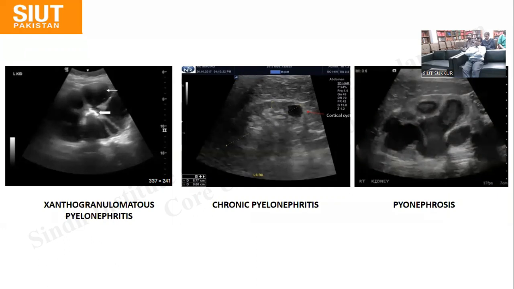There is no proper corticomedullary differentiation, and increased echogenic texture of the cortex, which suggests chronic pyelonephritis. There is additionally a cyst in the lower pole. Similarly, in the rightmost picture, we can see a grossly dilated collecting system with very thin and irregular cortex, suggesting xanthogranulomatous pyelonephritis.